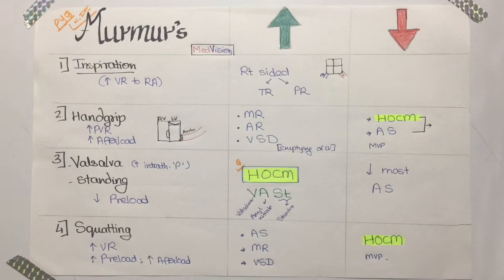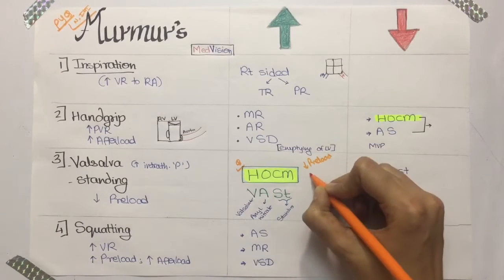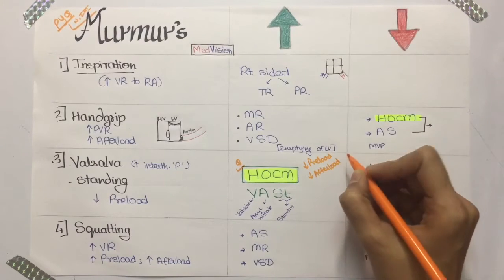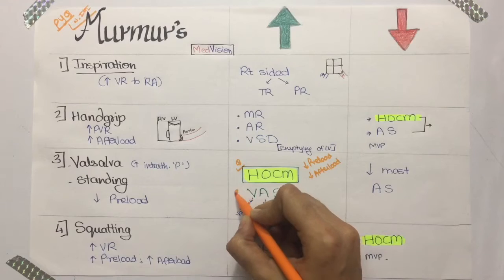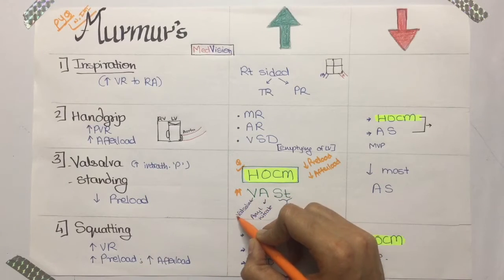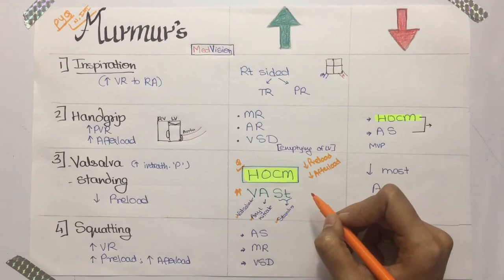So in hypertrophic obstructive cardiomyopathy, remember that the murmur increases when there is a decrease in the preload or a decrease in the afterload. So there is an inverse relation, and the murmur is increased in the conditions VAST, that is, Valsalva, amyl nitrate and standing.